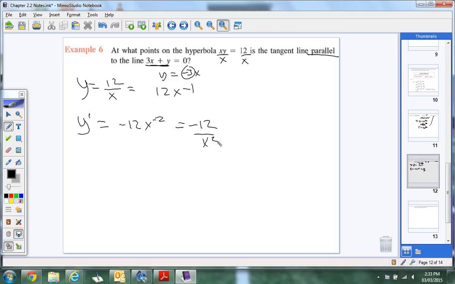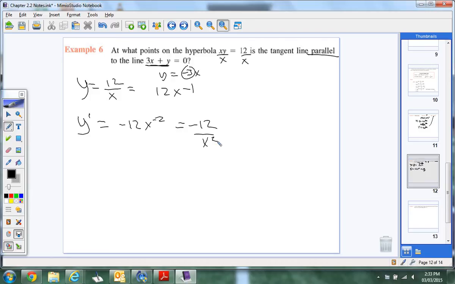Okay, so this is where it gets a little bit interesting. So we have the derivative, right? And we don't have a point, but we have a slope. So how are we going to get this to work into what we want it to be, I guess is the best way to say it. So I want to figure out when the slope is negative 3.